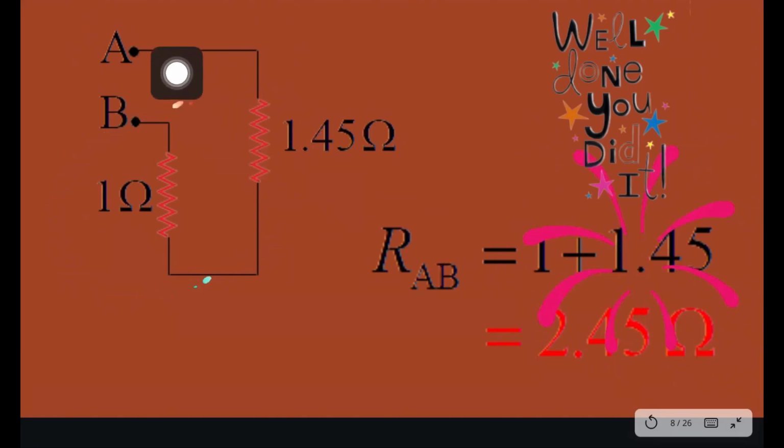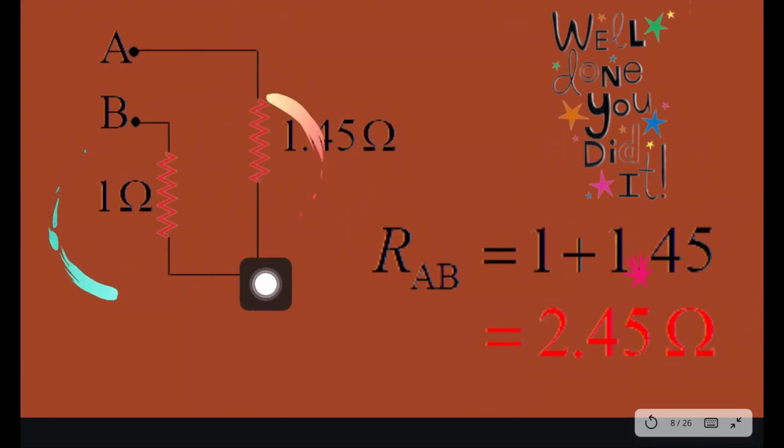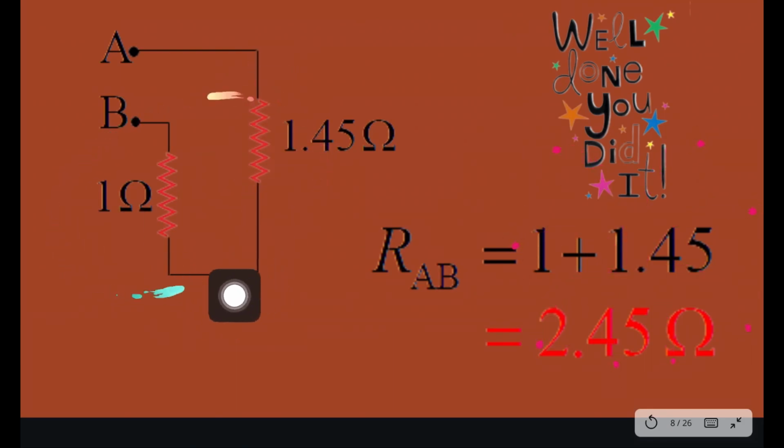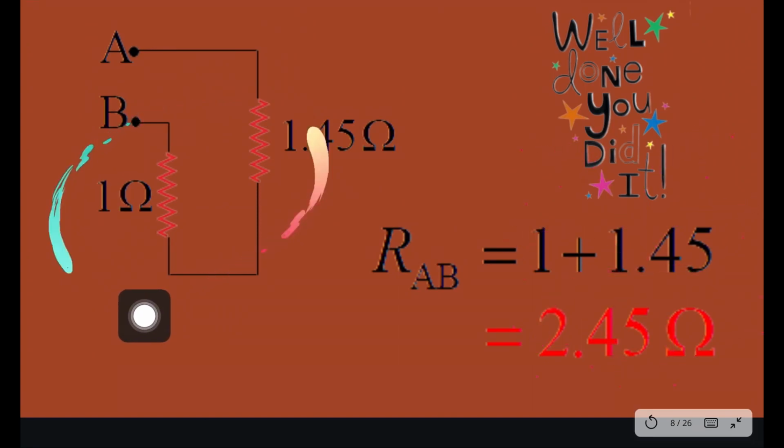And lastly, we have terminal A, and you can see the 1.45 ohm is connected in series with 1 ohm. So this combination is connected in series.